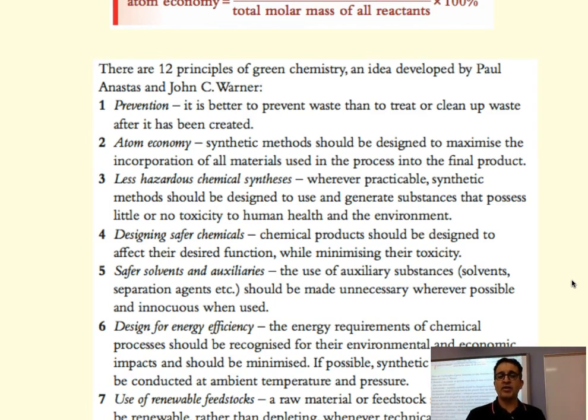It's easier to avoid creating waste rather than having to clean it up or treat it, so think about how you're going to do your synthesis. Atom economy, again, maximize the use of the materials so very little waste or byproducts are made, and most of the mass of what you're doing is going directly into your products. Therefore, you have to make less toxic materials.